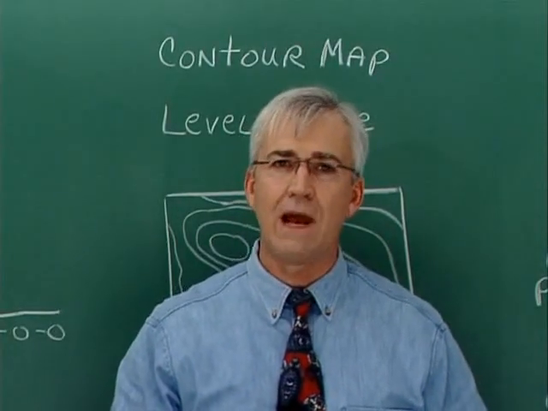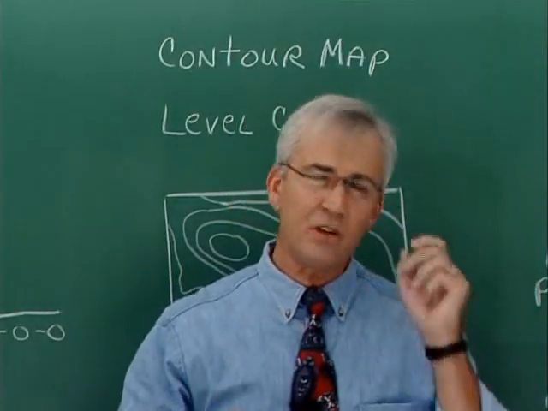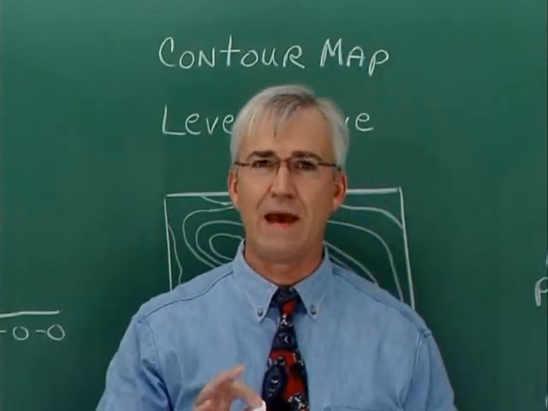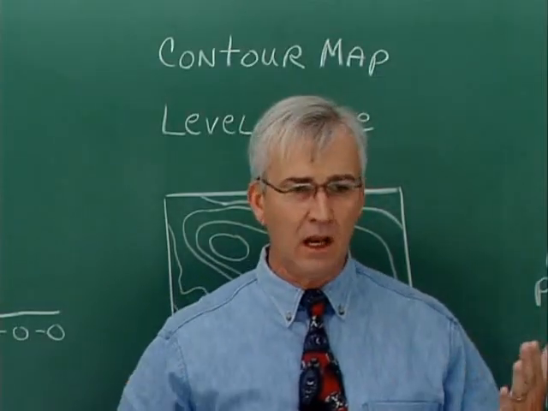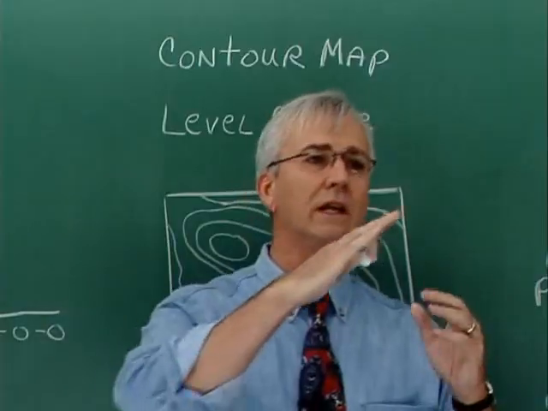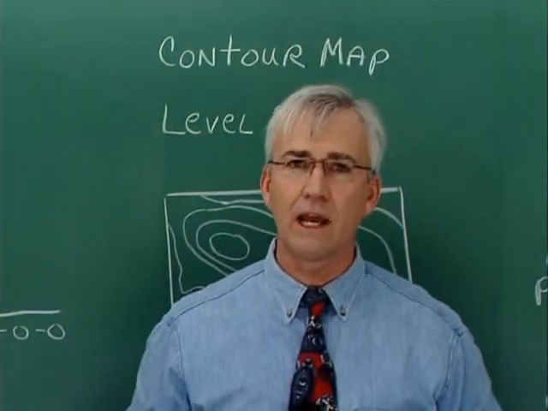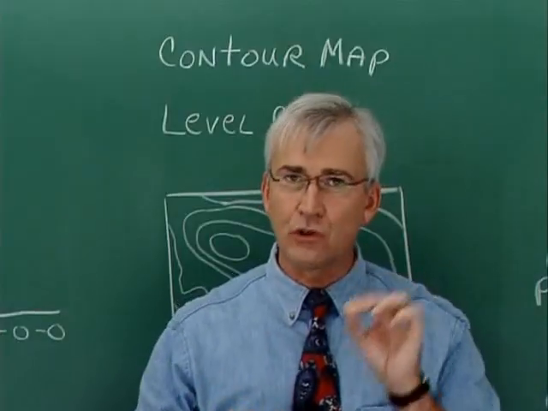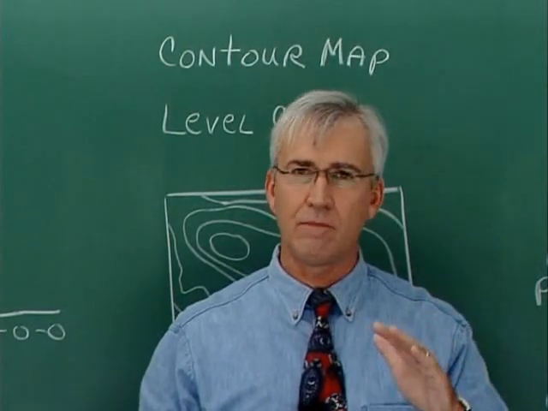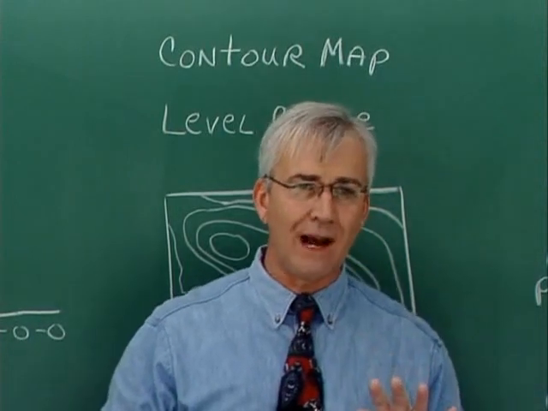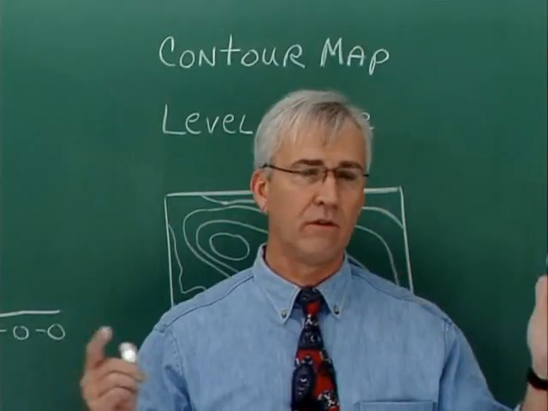Now, a contour map involves this idea. Suppose, just for a moment, let's imagine that as I climb a gently sloping hill, I have an altimeter on my arm, and I can measure the altitude at various points on my path. As I travel up the hill, let's say I'm measuring in increments of 100 feet.